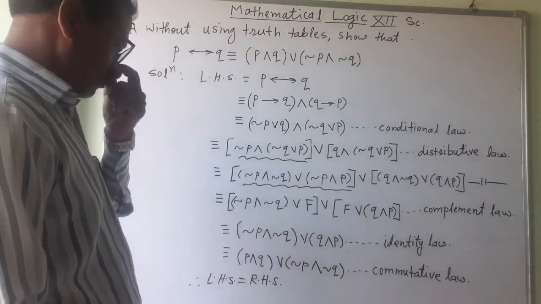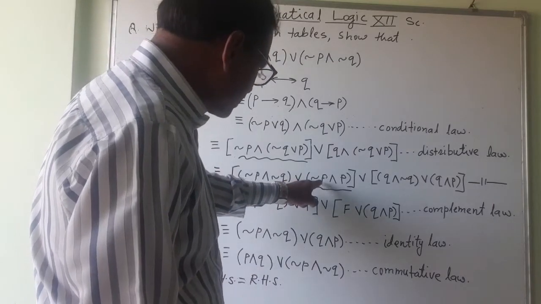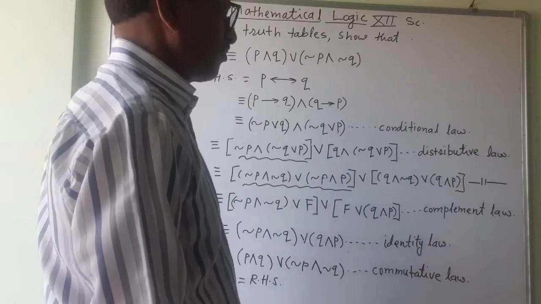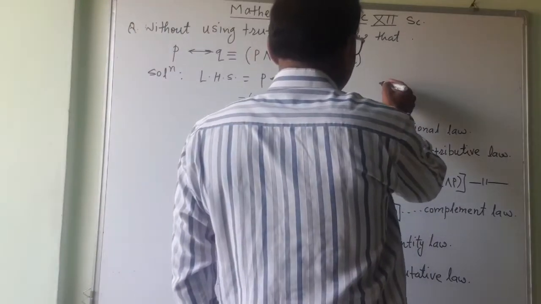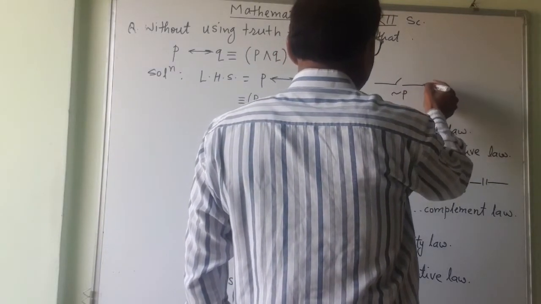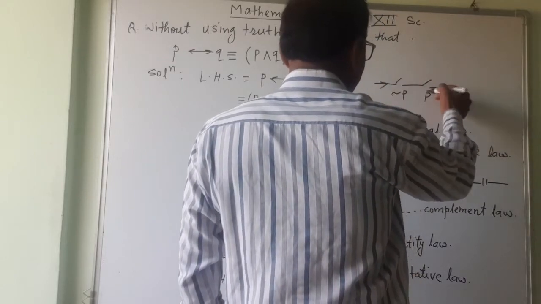Now next, for this negation P and P, what is it? It's a complement. This is a negation P switch and this is a P switch. Try to send the current.